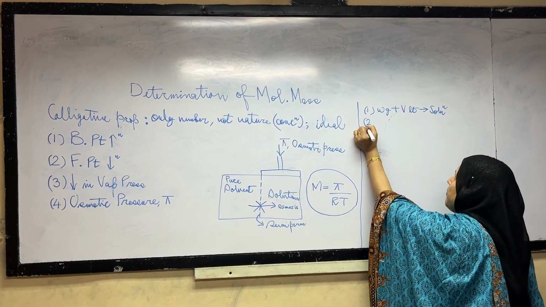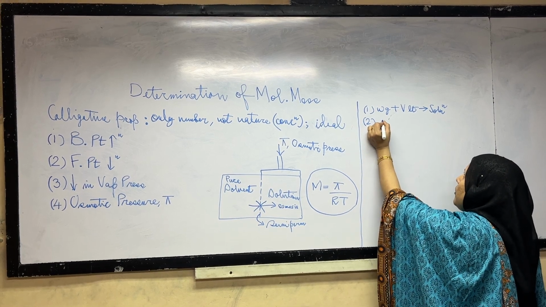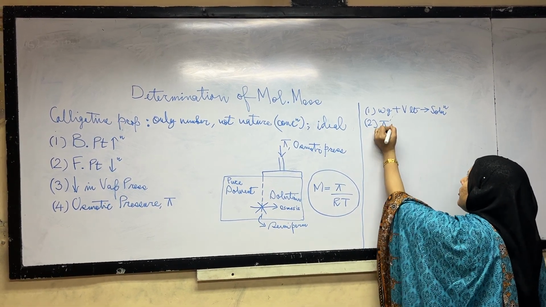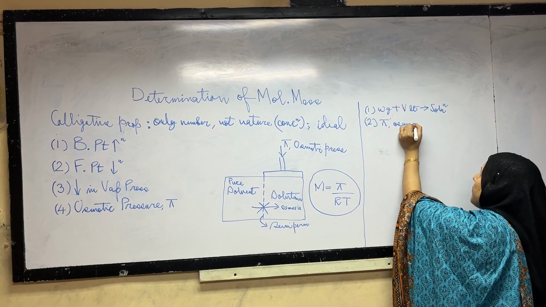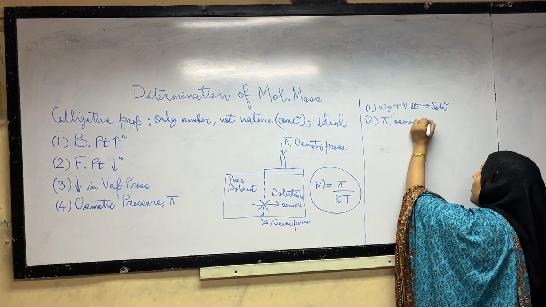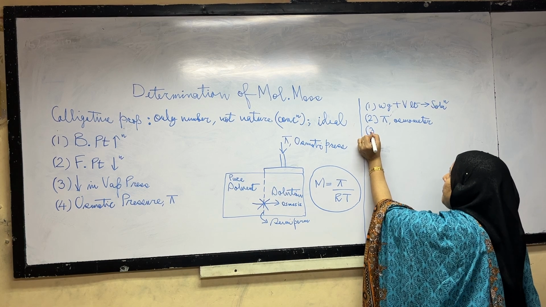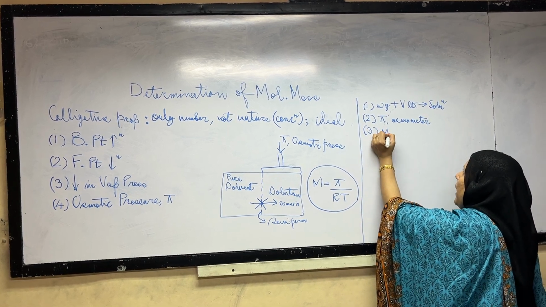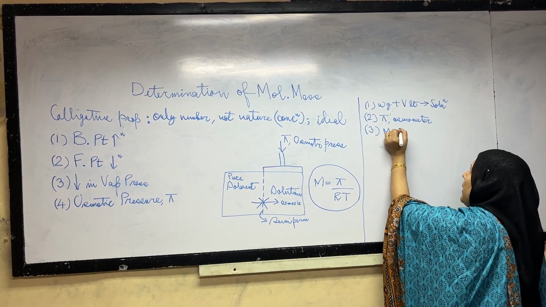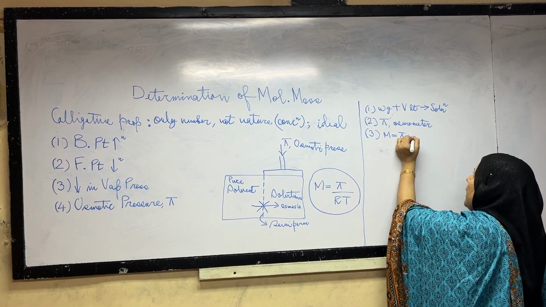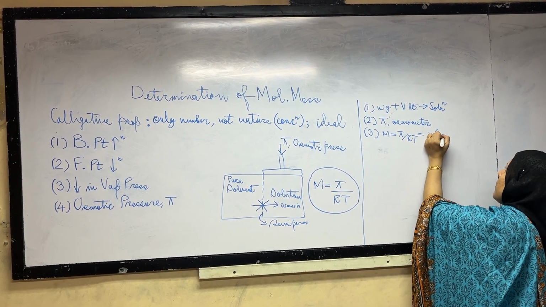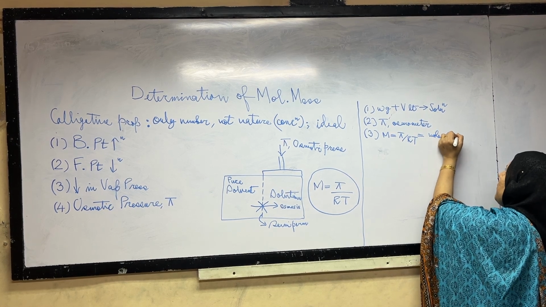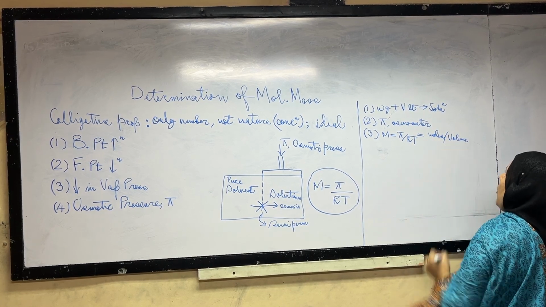Then the second step, find out osmotic pressure of the solution using a suitable osmometer. Then the third step, apply the law M equals pi upon RT and find out moles per unit volume of the solution.